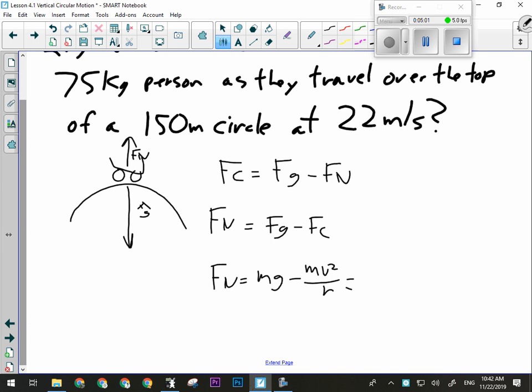They told us the mass of the person was 75 kilograms, so 75 times 9.81 minus 75 times 22 squared divided by 150.